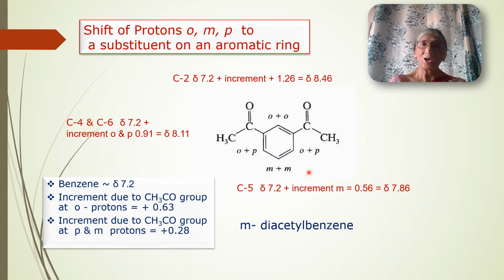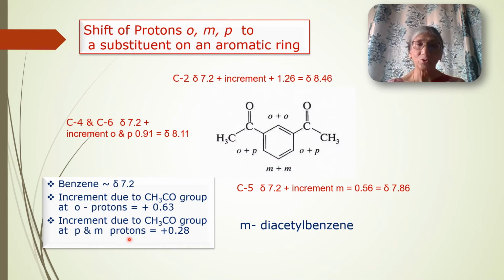Now here we will see how we can determine the resonance frequency of different protons, ortho, meta and para protons. C2 protons: here there are two acetyl groups with respect to C2 protons. It means C2 protons are ortho to both acetyl groups. So the resonance frequency of this will be the base value of benzene, that is 7.2, plus the increment due to the acetyl group at the ortho proton.